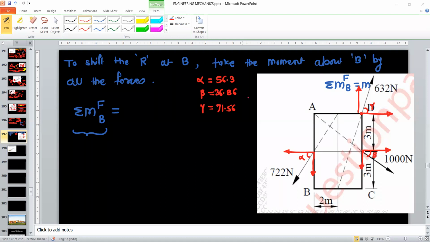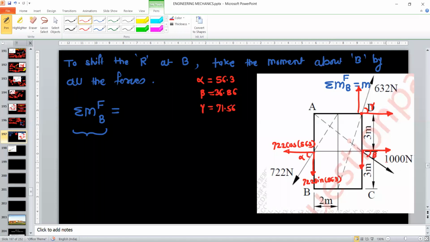When we resolve 722, the x component is 722 cos 56.3, and its y component is 722 sin 56.3.